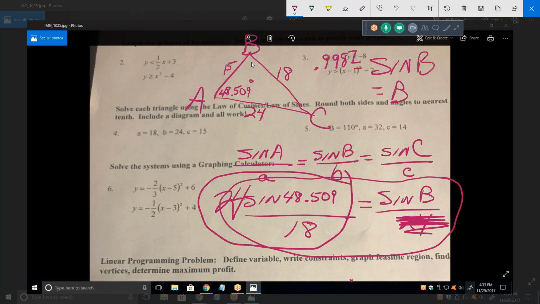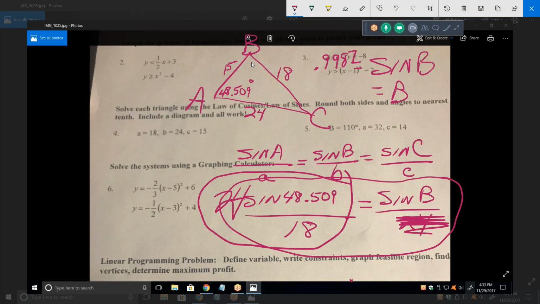Do you do the inverse for this one? Always. Here's the thing you got to know, and this is extremely important. You take trig functions of angles to get ratios. You take inverse trig functions of ratios to get angles.